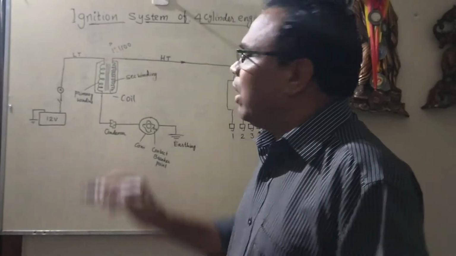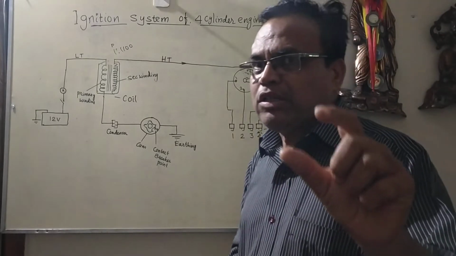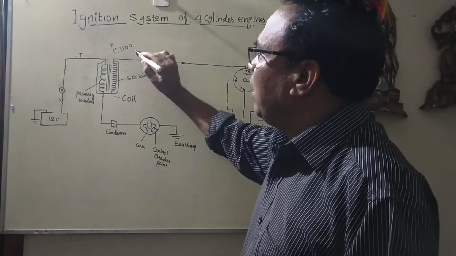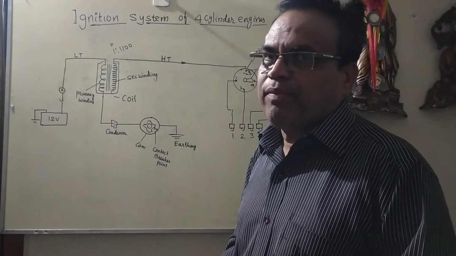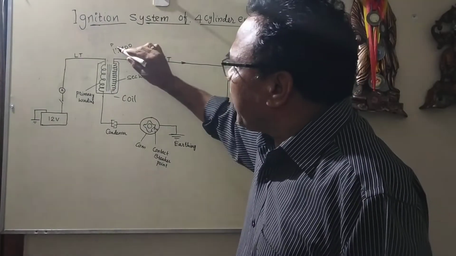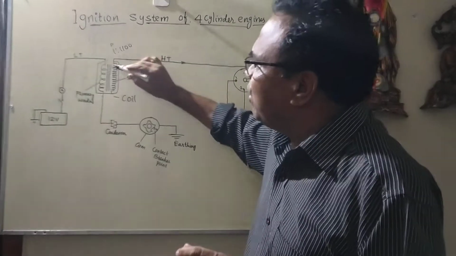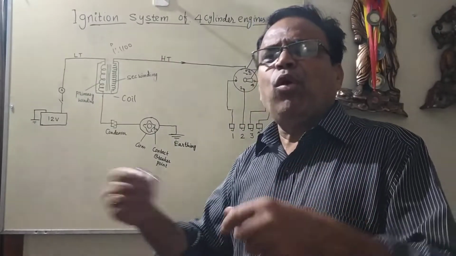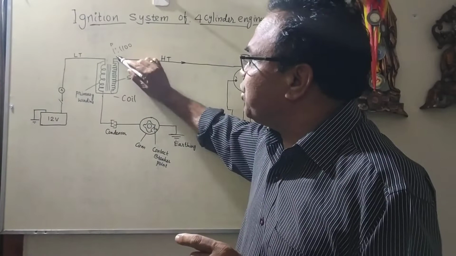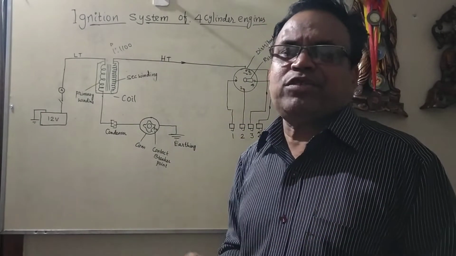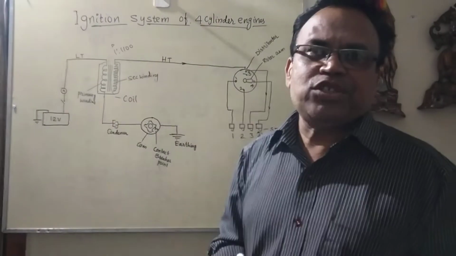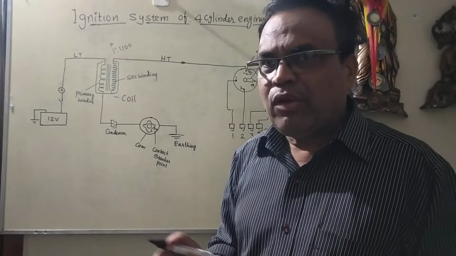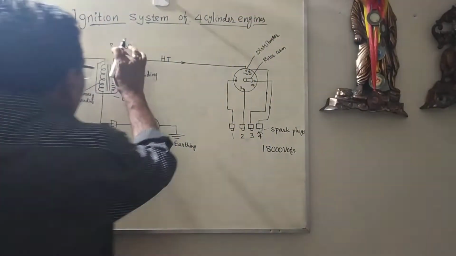If one turn is primary, the secondary is 1100. The primary has a few turns of thick wire, whereas the secondary has many more turns of thin wire, with standard wire gauge, SWG. So this is completely the ignition coil.